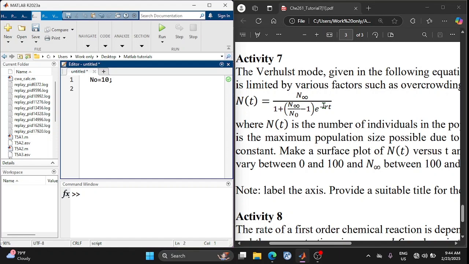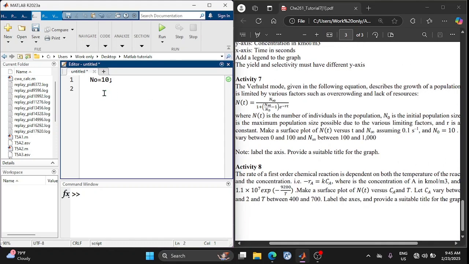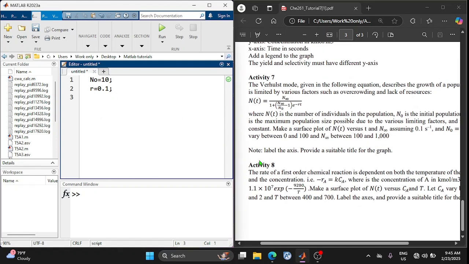So r has to be in per second, so that whatever is in the exponential will be dimensionless. Per second will cancel out second, and then we can have our exponential term. The final unit shouldn't actually be a unit, it should be dimensionless. So r is equal to 0.1 per second.